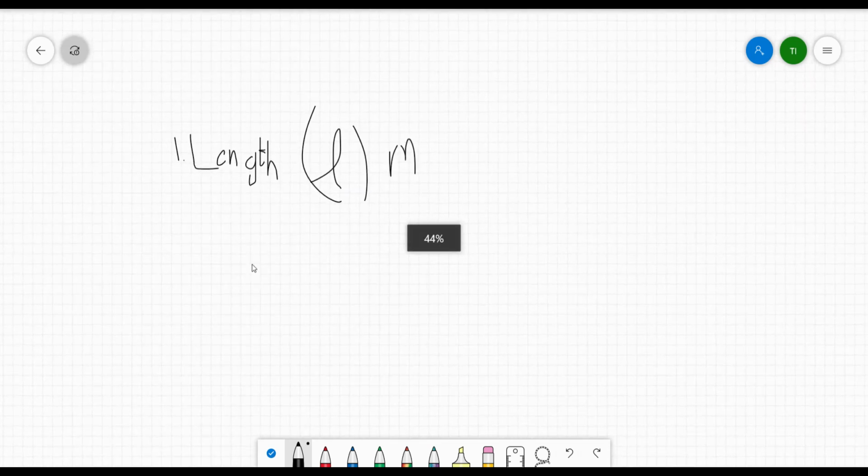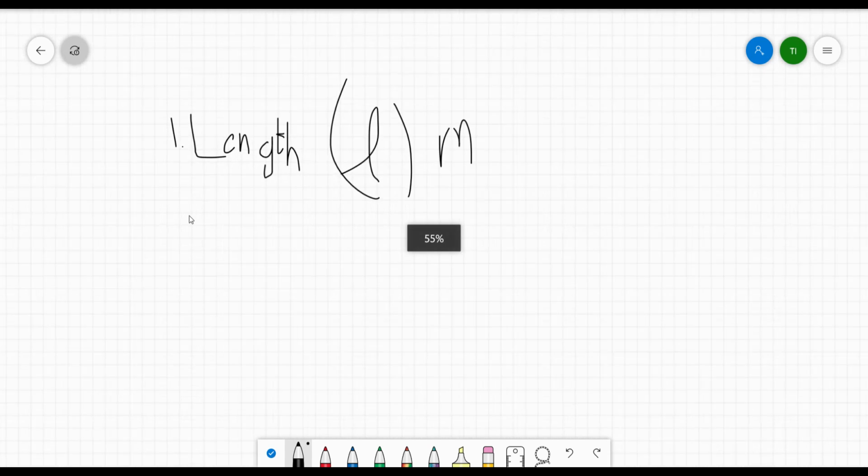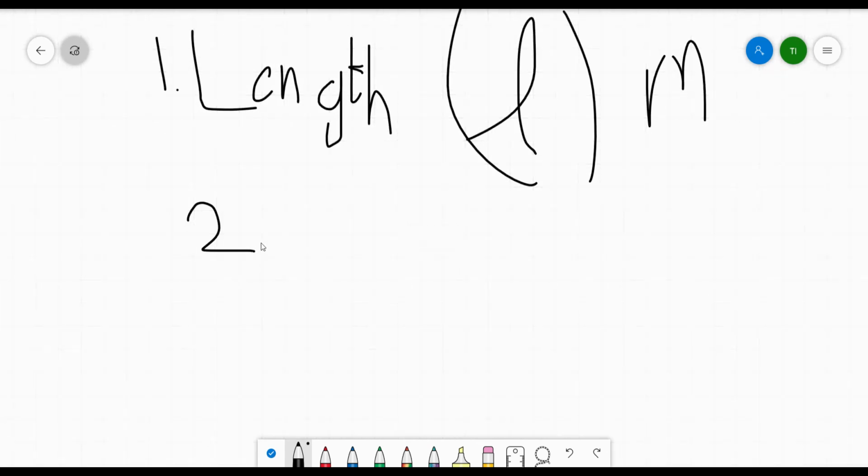The first one being length. And we give length the symbol L. And its unit is meters. The second base quantity is mass.